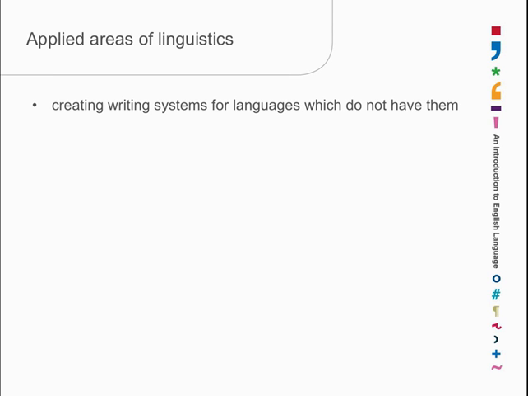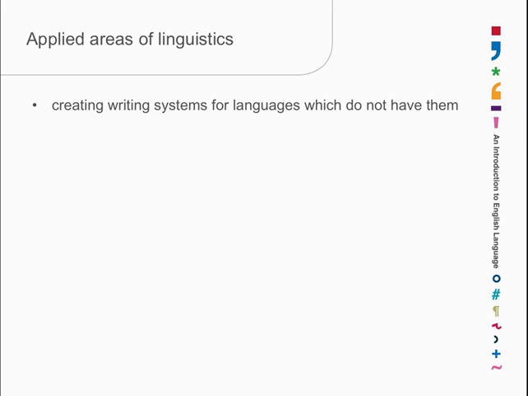For the vast history of human existence, and certainly since we started speaking, which is now thought to have been about 200,000, maybe 150,000 years ago, people spoke without having writing systems. Writing systems are very recent, of the order of 3,000 or 4,000 years maybe, but they're very important.